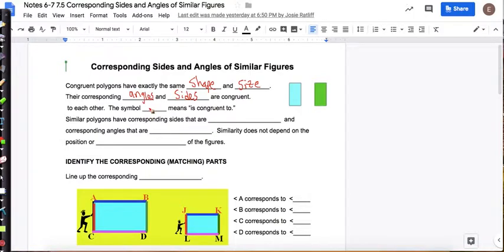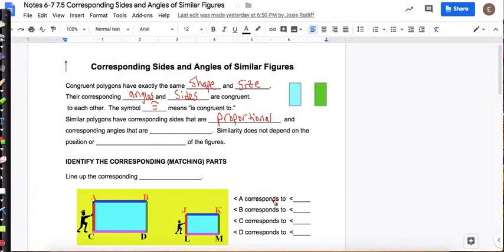The symbol, a little wavy line with an equal sign, means congruent to. So similar polygons have corresponding sides that are proportional. And remember, similar is different: same shape, but different size.